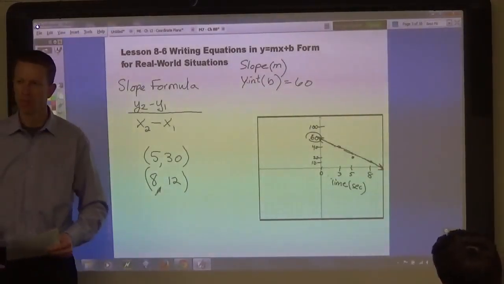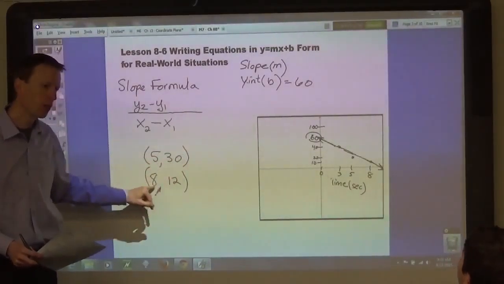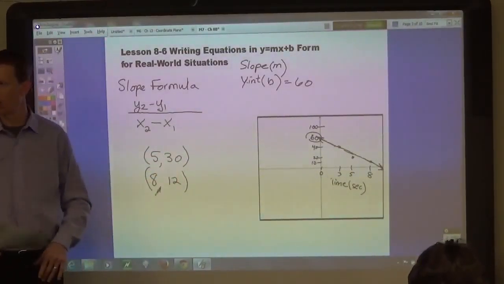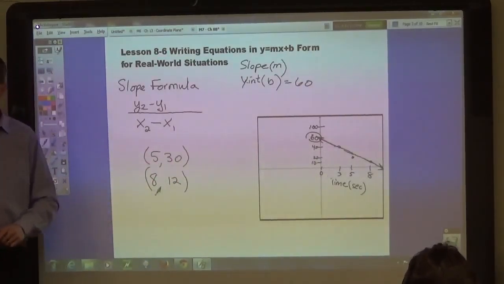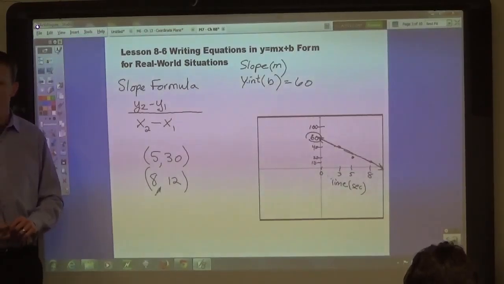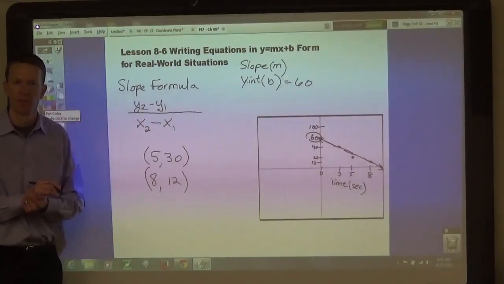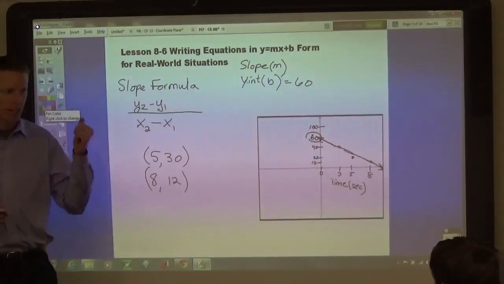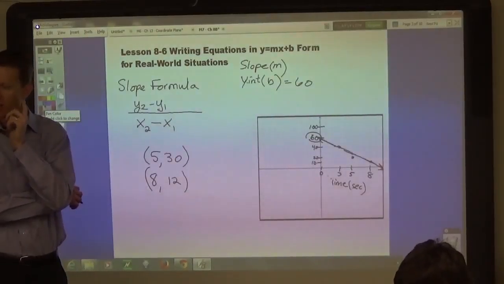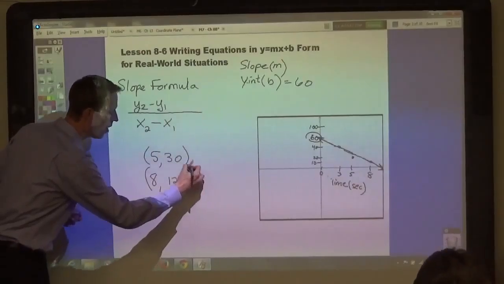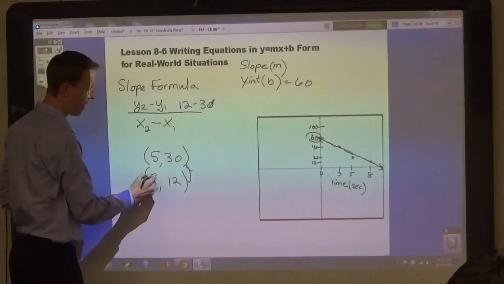When you draw a line, pick 2 whole number points to find your slope. Now, let's use these numbers, everyone. What would we subtract to find the change in the y? Using the formula, everyone. Keisha? 12 minus 30. And 8 minus 5.